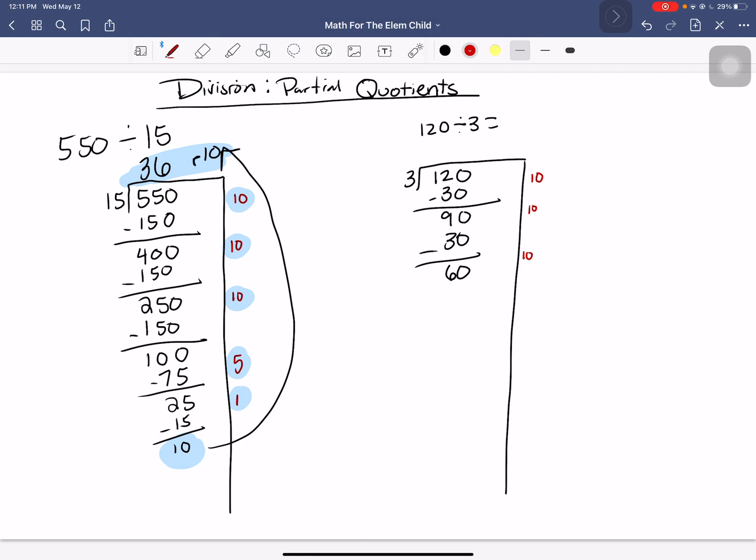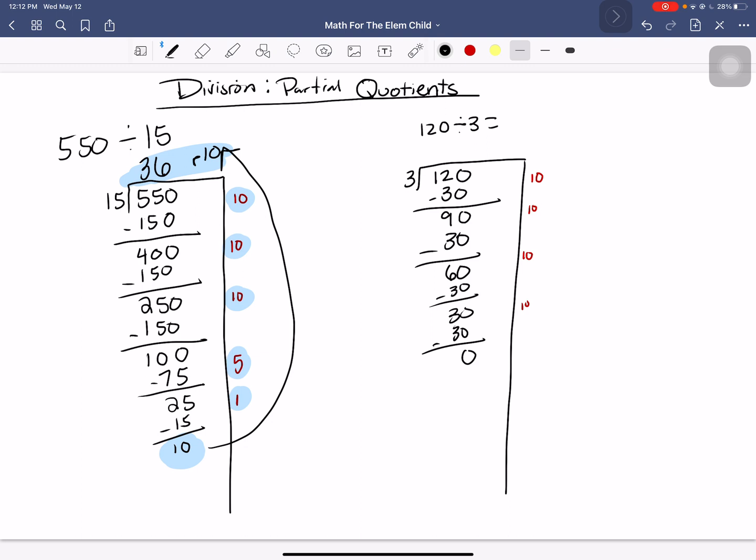So now we have 60 minus 30, and that equals 30. And we 100% can subtract 30 from 30. So let's multiply 3 times 10 again. And now we have a remainder of 0. There's no remainder. We got down to 0.